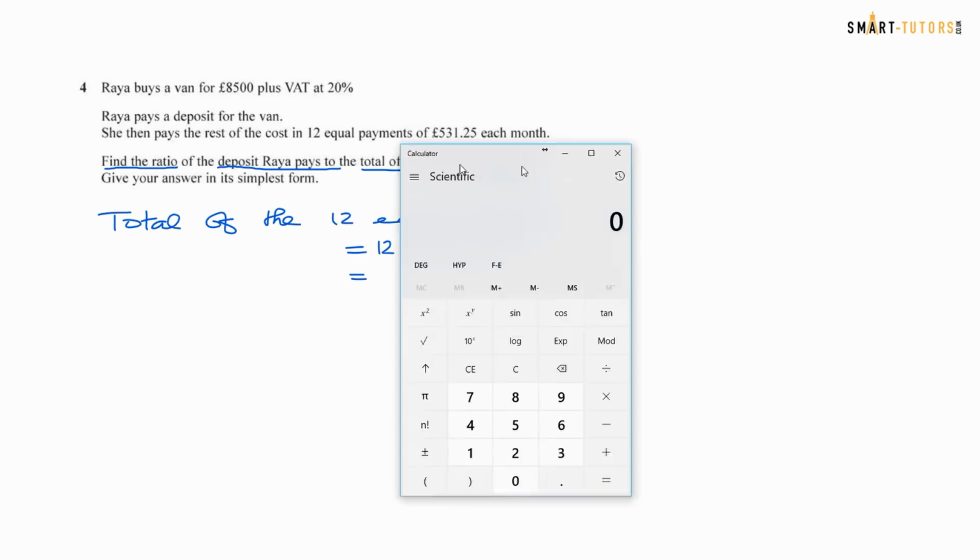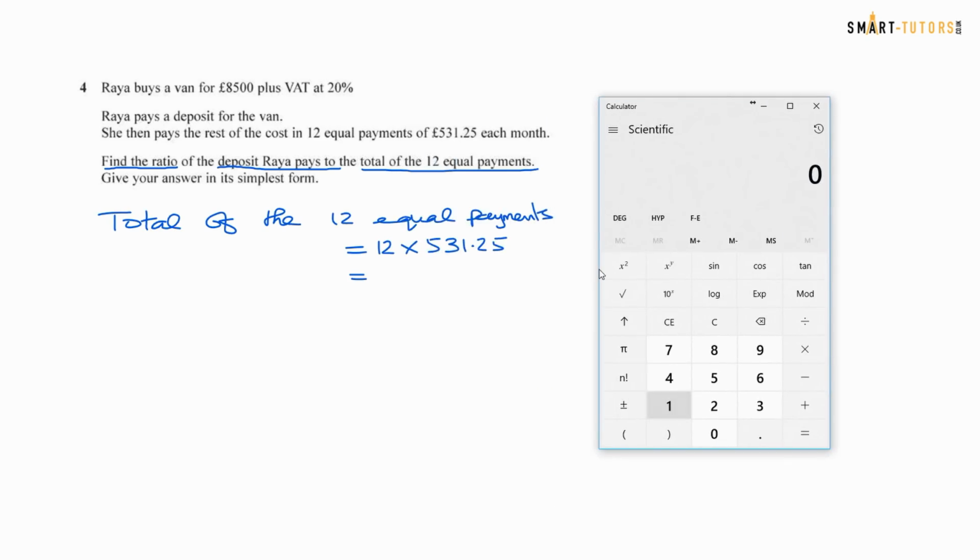It's a calculator paper, so please make use of the calculator. 12 times 531.25 is 6,375. So that is the total of the 12 equal payments.